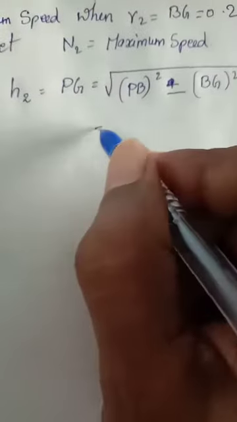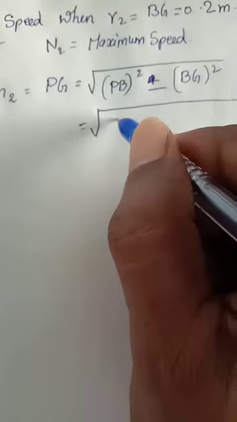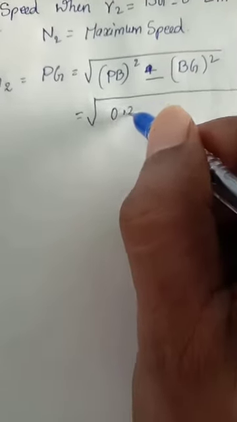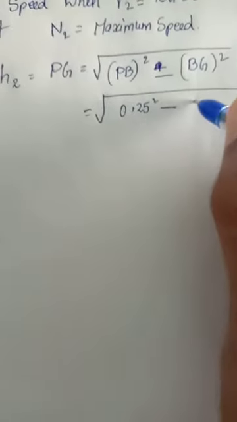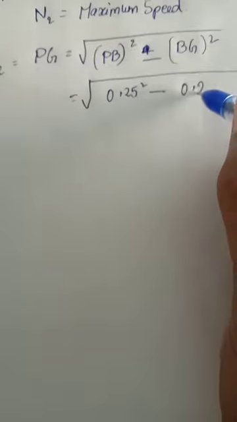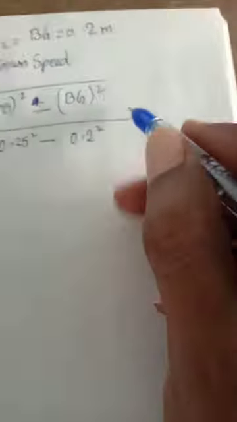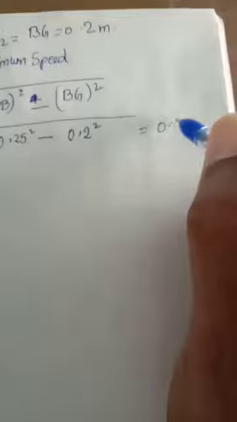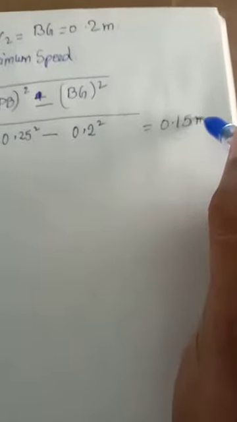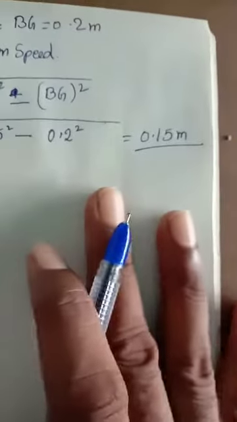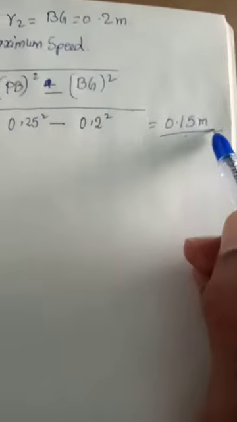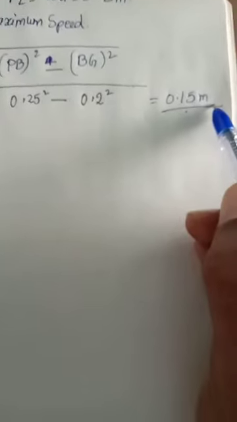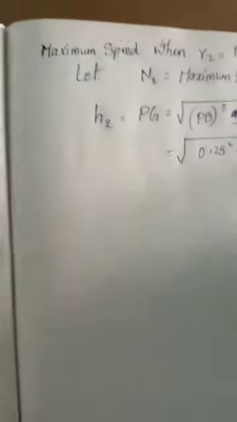Now substitute these values: 0.25 whole square minus 0.2 whole square, then it will come to 0.15 meter. This is called h2.